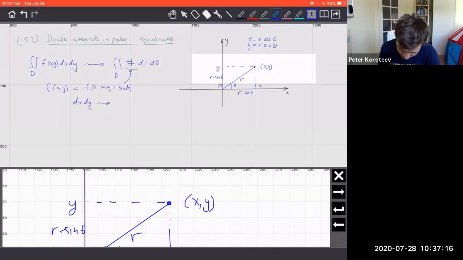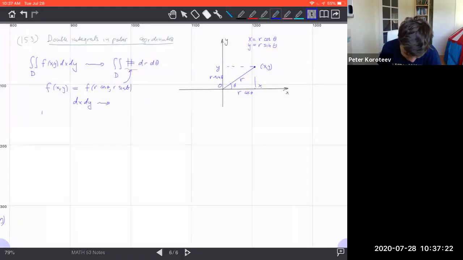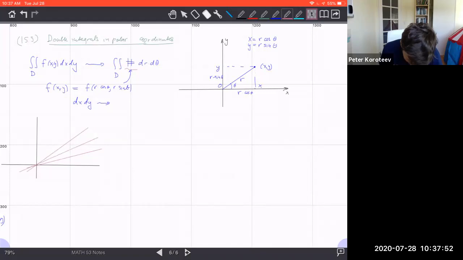So in polar coordinates, I'm going to draw a different picture with fewer labels. As we know, in polar coordinates, everything goes by radii and by concentric circles, right? So we can draw a bunch of rays like this.